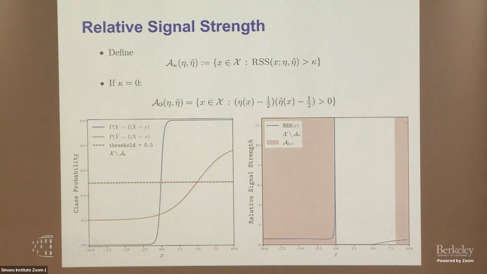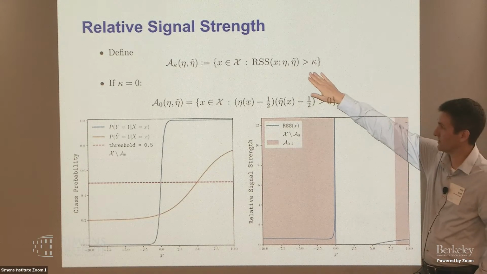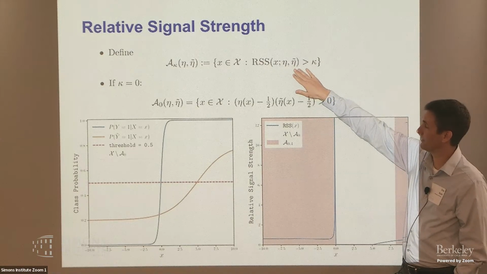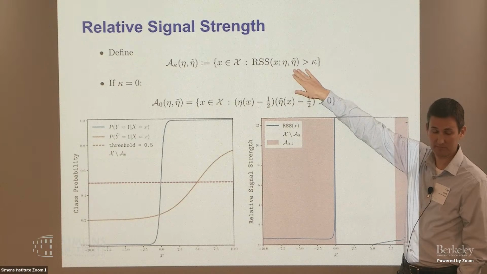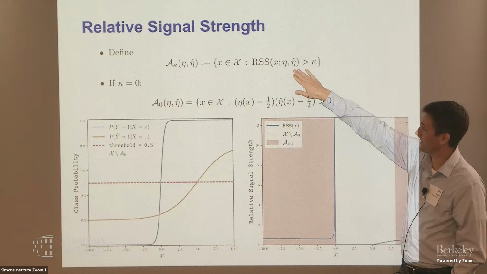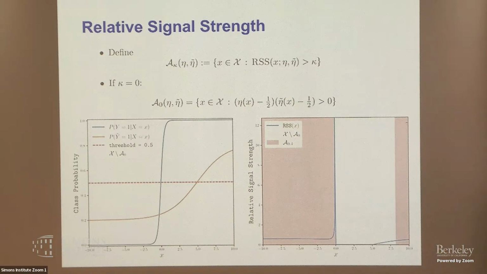Here's a simple illustration of these definitions. Introducing just a little more notation, A kappa is basically the event that has to have probability at least 1 minus epsilon, where the relative signal strength is at least kappa. And if we take kappa to be 0, we get the set A0, which is just the set where the noisy and clean Bayes classifiers agree.